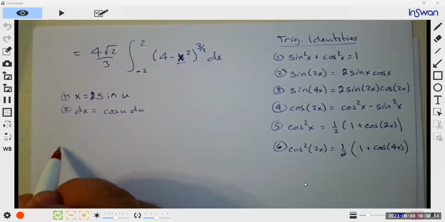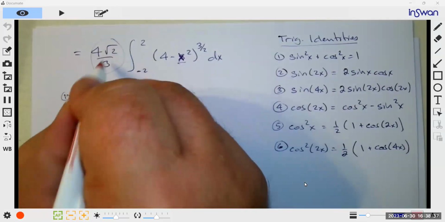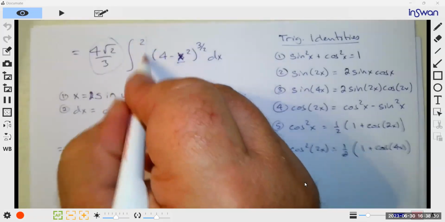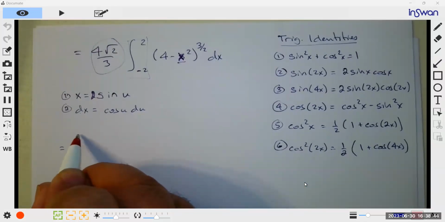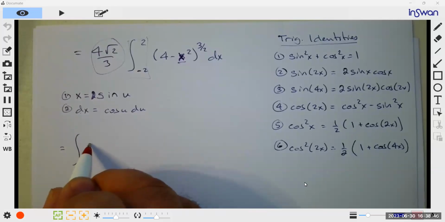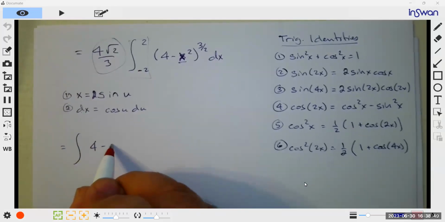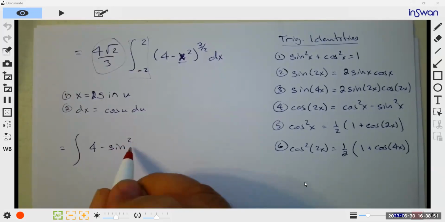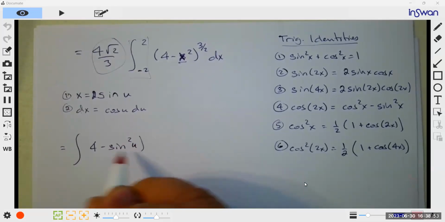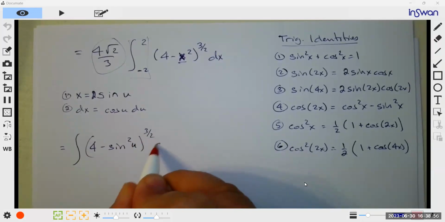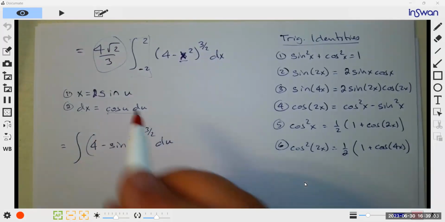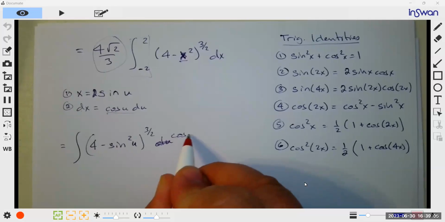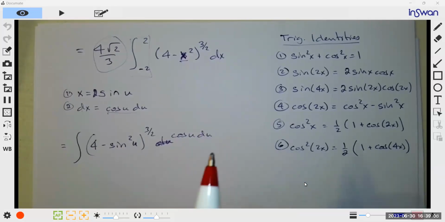So what we have right now is this. I'm going to leave this off right now, put it back at the end. And I'm not worried about this just yet. So we have 4 minus 4 sine squared u to the power 3/2, du. Right. Cosine u du.